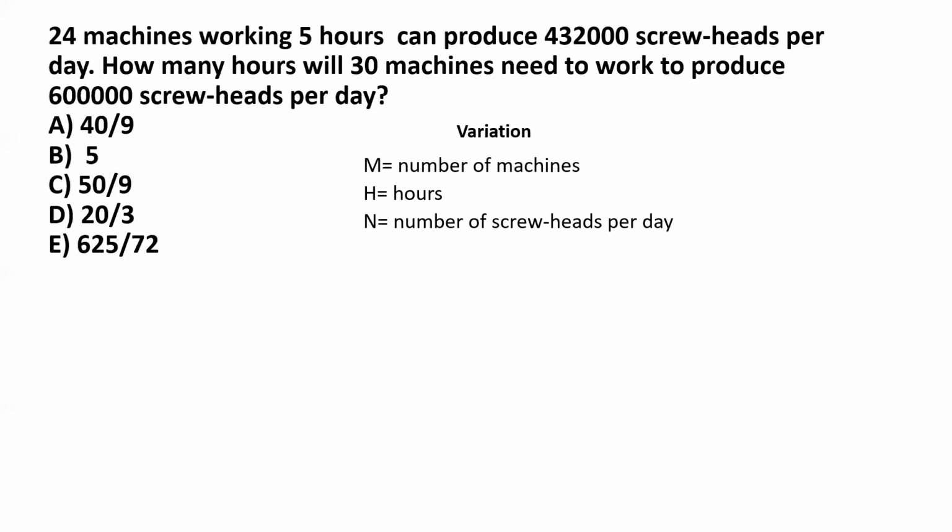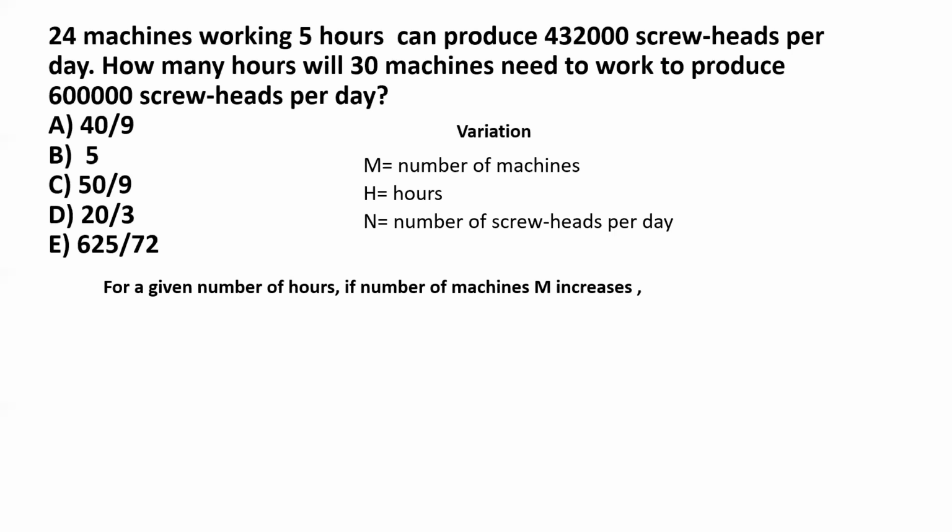And then we have to ask ourselves, what is the relationship between these quantities? I'll start by asking this. If I fix the number of hours, and the number of machines M increases, what will happen to N? How will N change? N is the number of screw heads.